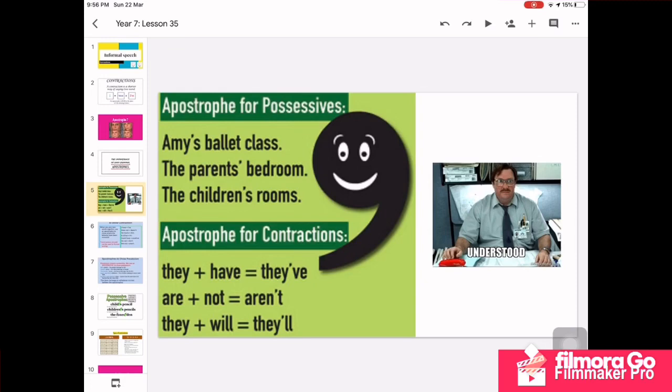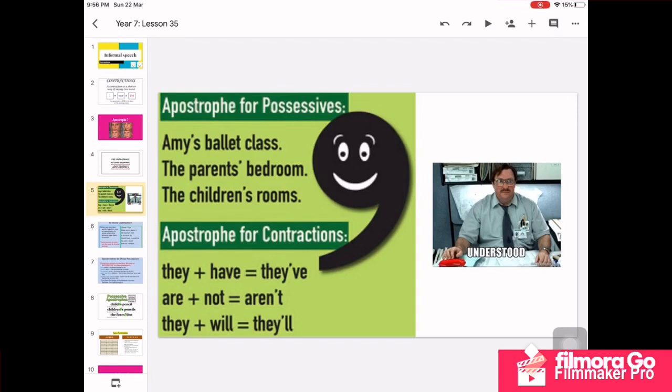So the key point over here: if the plural subject is a regular noun, meaning it already ends with an S, it's okay to end it with an apostrophe. But if it's an irregular noun, unlike children, you need to put an apostrophe and S right after it.